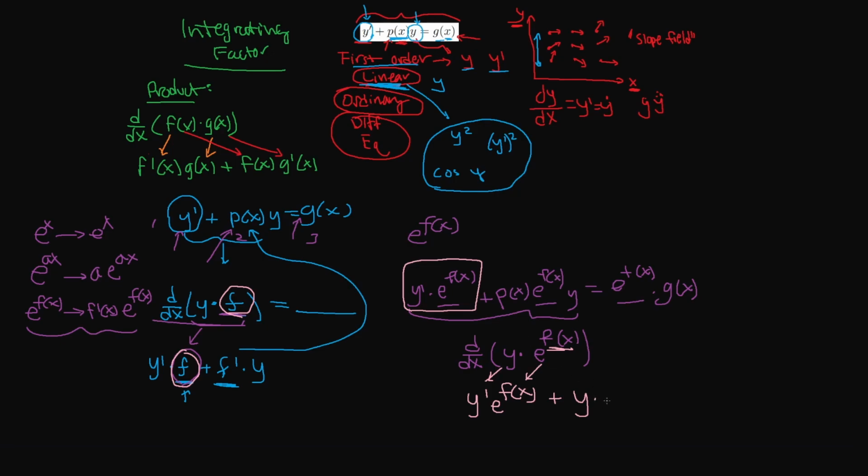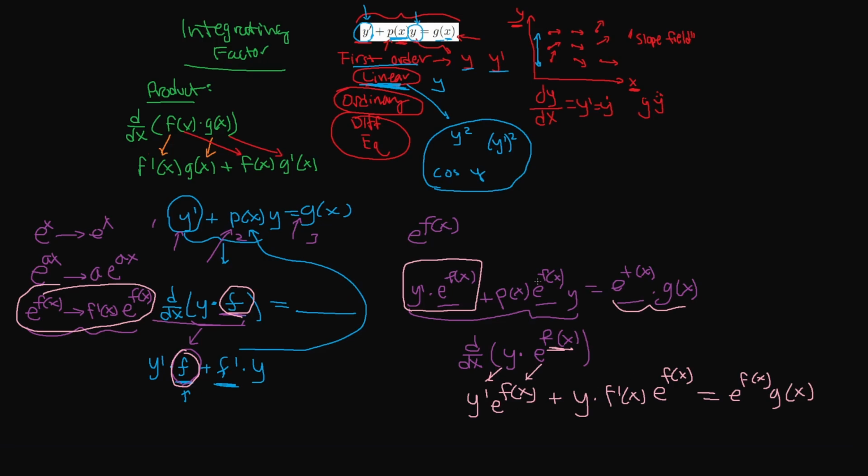So now we have f prime of x times e to the f of x. So remember, our rule up here is that we take the derivative of e to the f of x. That's the same as the derivative of whatever the exponential term is, and then the e to the f of x. And then this is all equal to this over here. So we have e to the f of x. Yes, of course, this side didn't change, right?